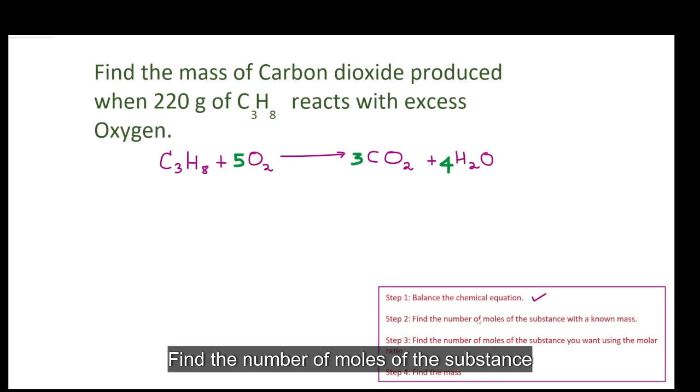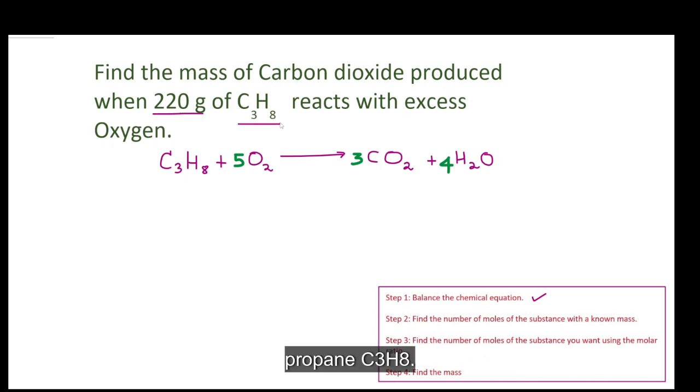Step 2, find the number of moles of the substance with a known mass. The known mass here is 220 grams of propane, C3H8. So, number of moles is mass 220 divided by Mr of C3H8. Now, carbon is 12 and I've got 3 of those.